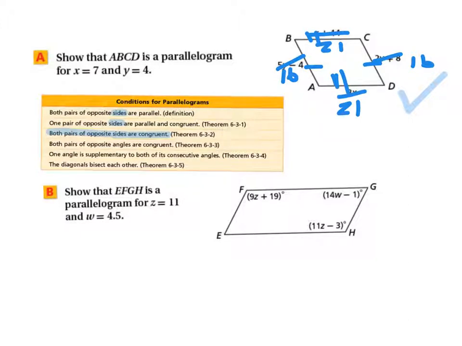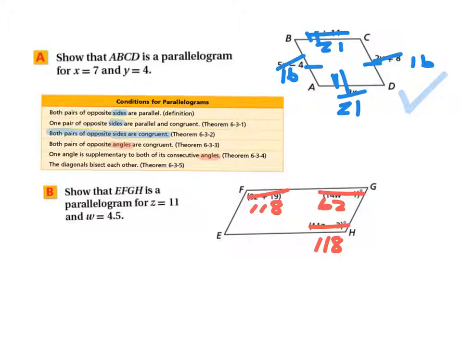Here's another example. Again, I'm going to plug in my 11 and my 4.5. Once I plugged in those numbers, I got 118, 62, and 118. I was only given 3 angles here, so let me look at my options. I'll change the color here. I've got angles and angles, so it has to meet one of these conditions that talk about angles. I have both pairs of opposite angles congruent.